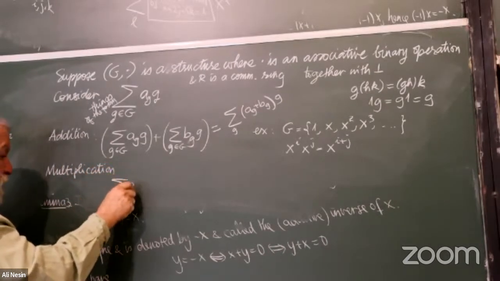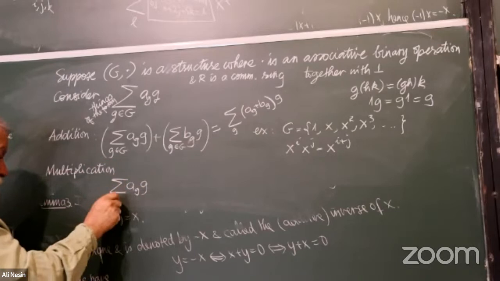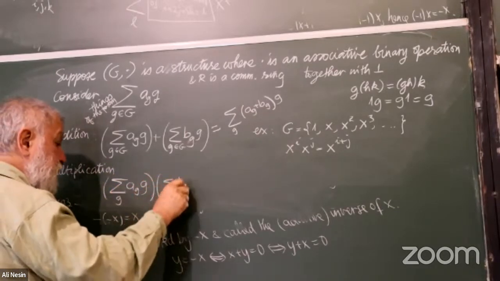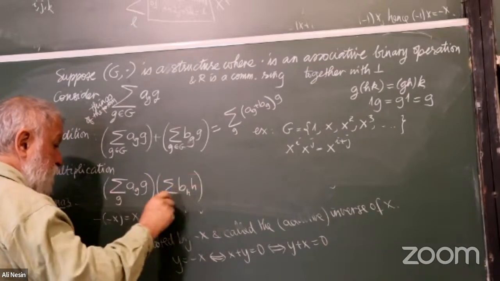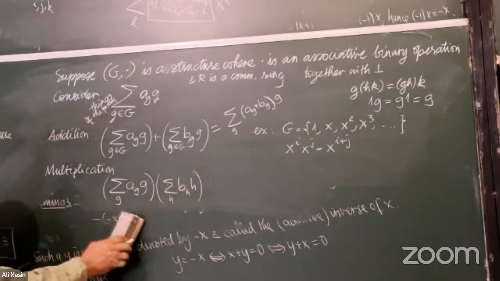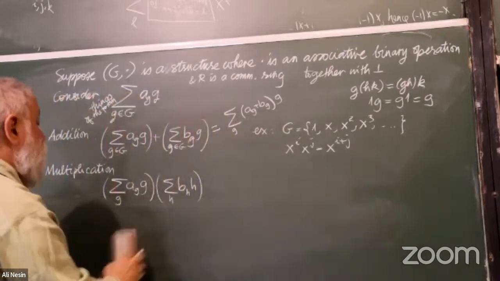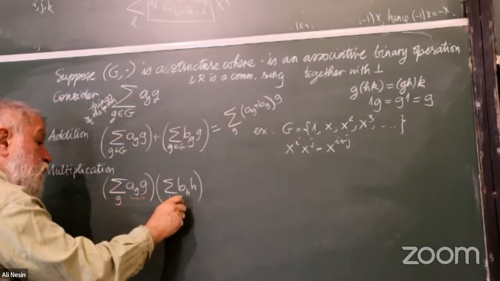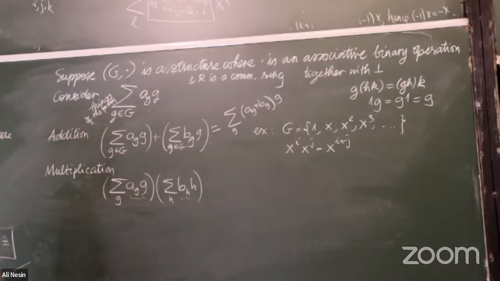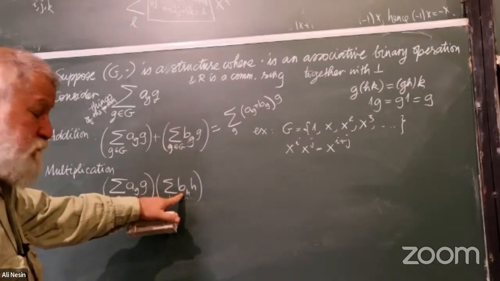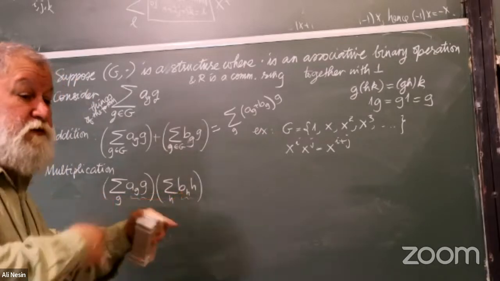Multiplication. Sum of a sub g times g for g in G times sum of b sub h times h for h in G. So I will multiply as before. I will take one term from here, one term from here. I will multiply them, but I will decide that the b's, the coefficients, commute with the rest.